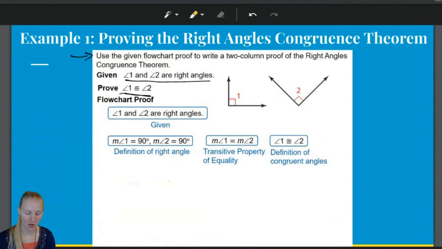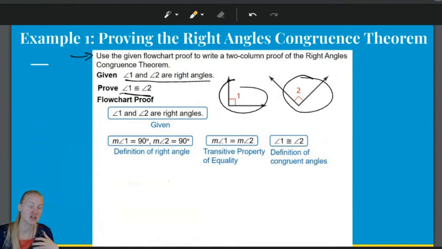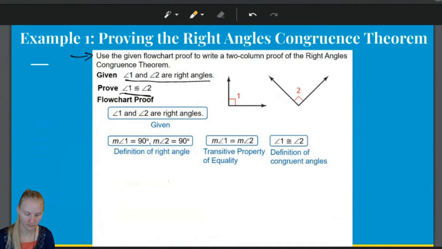Now even though we're looking at two specific angles here, this will show that all right angles are congruent because I just drew a right angle, but we're calling it number 1, and another right angle, but we're calling it angle number 2. If these two right angles are congruent, it means that all right angles, even if I added an angle number 3 or an angle number 4, are congruent, because two random angles that I picked happen to be congruent.